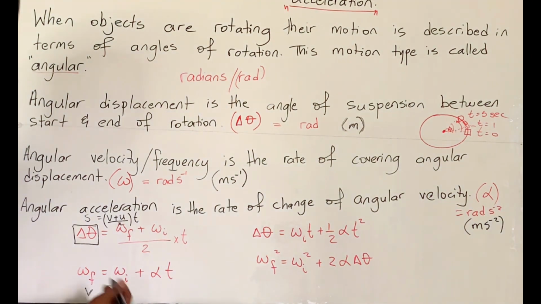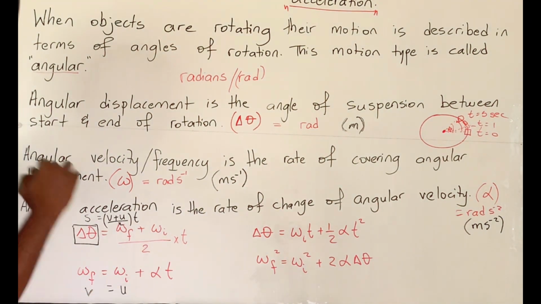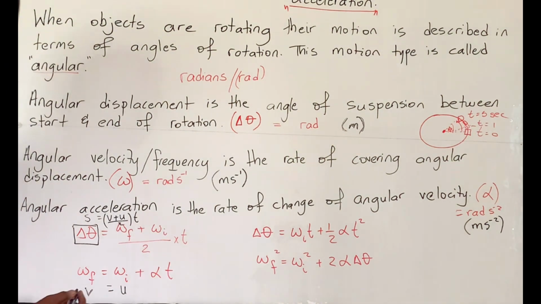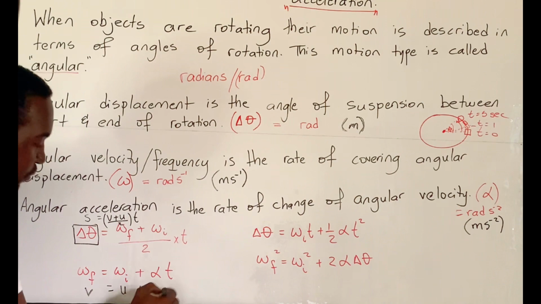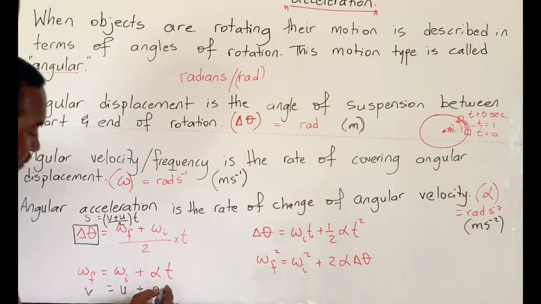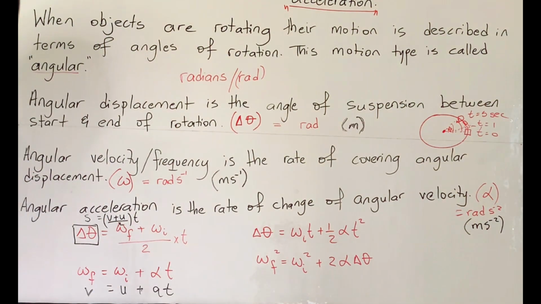Omega i, the initial velocity, would be u in linear motion, plus alpha, which represents the a for acceleration, and then also t for time. Again, this would be your linear equation for finding final velocity in linear motion.